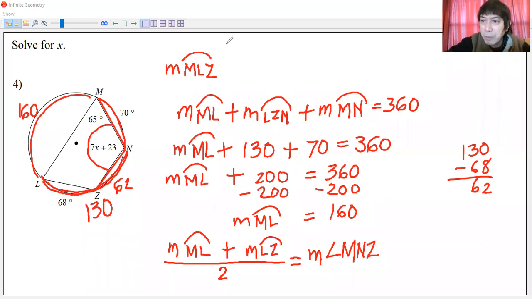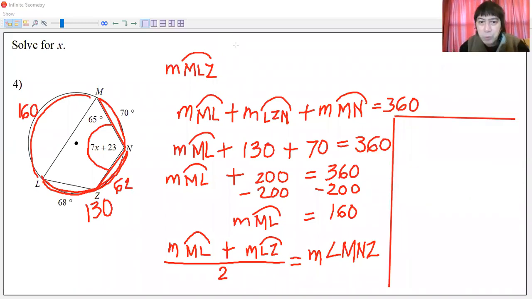Okay, let me clear up my scratch there. Okay, this will be our next portion. We shall now use this formula. So we have here the 160 for arc ML plus arc LZ, that's 68.